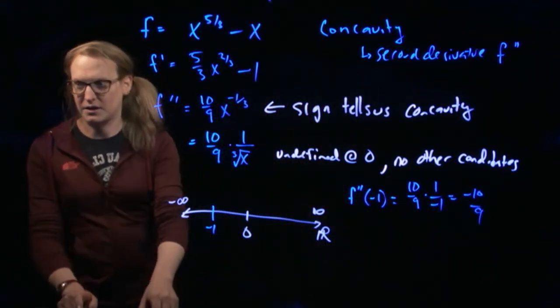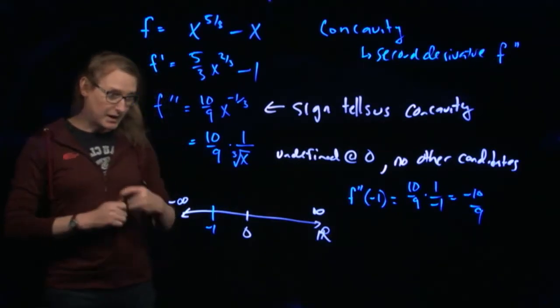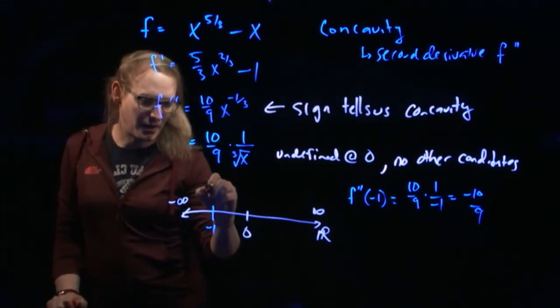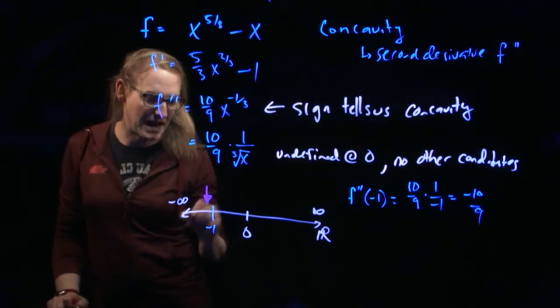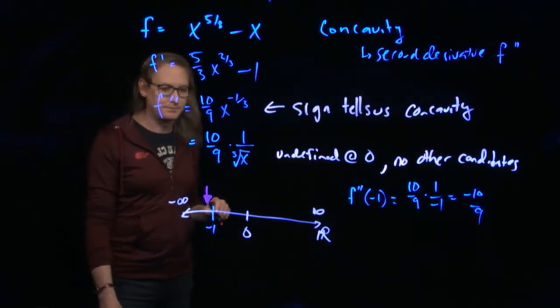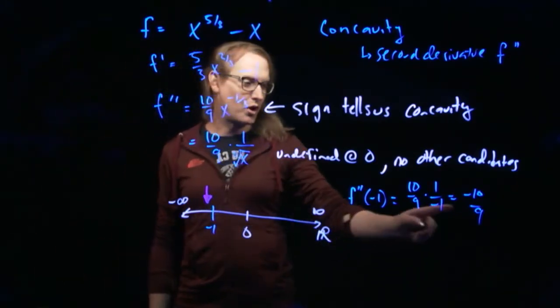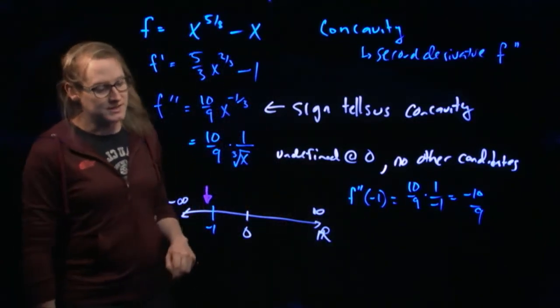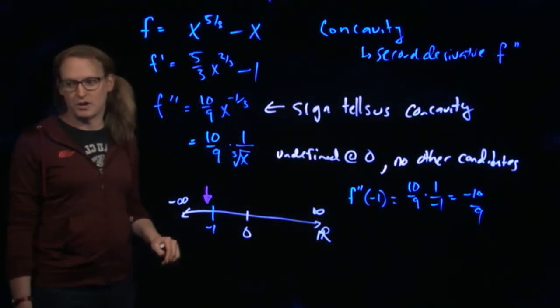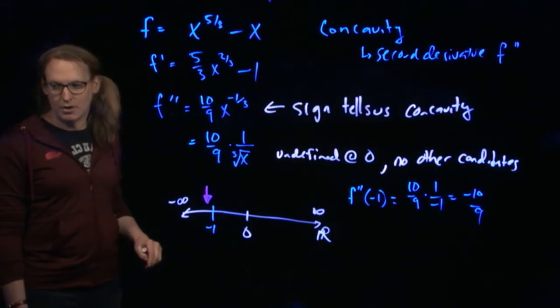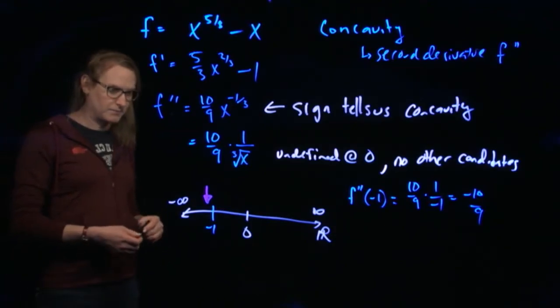So this is where I like to use my concavity arrows. And I'm going to put a concave down arrow there. So f double prime negative means the function itself is concave down. And I like to draw down arrows where that happens to be the case.